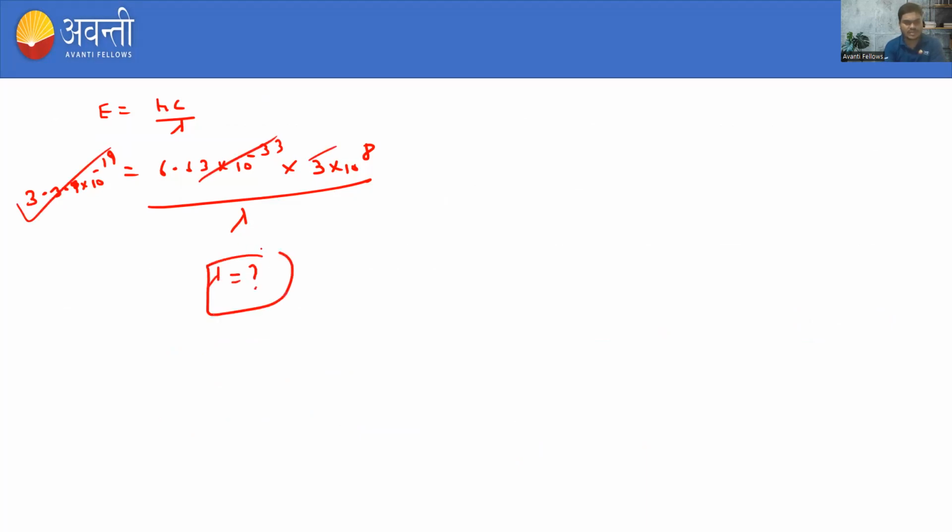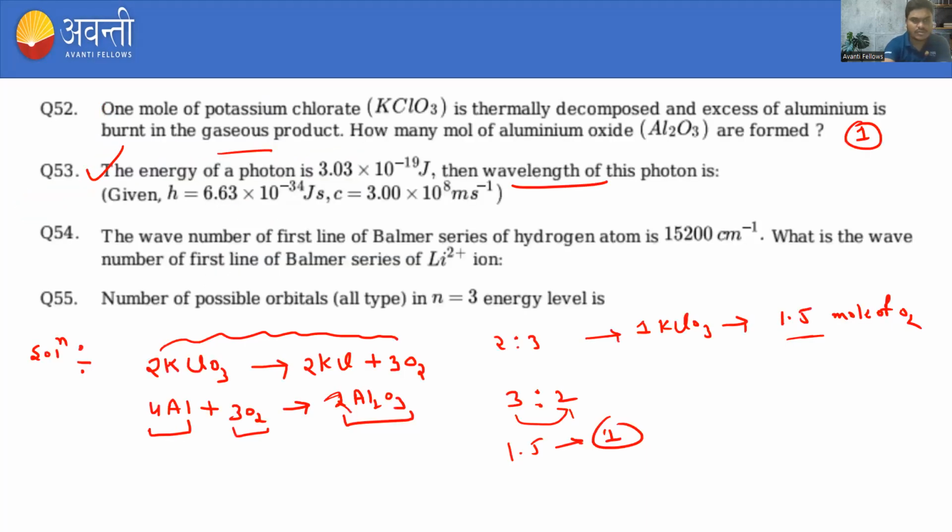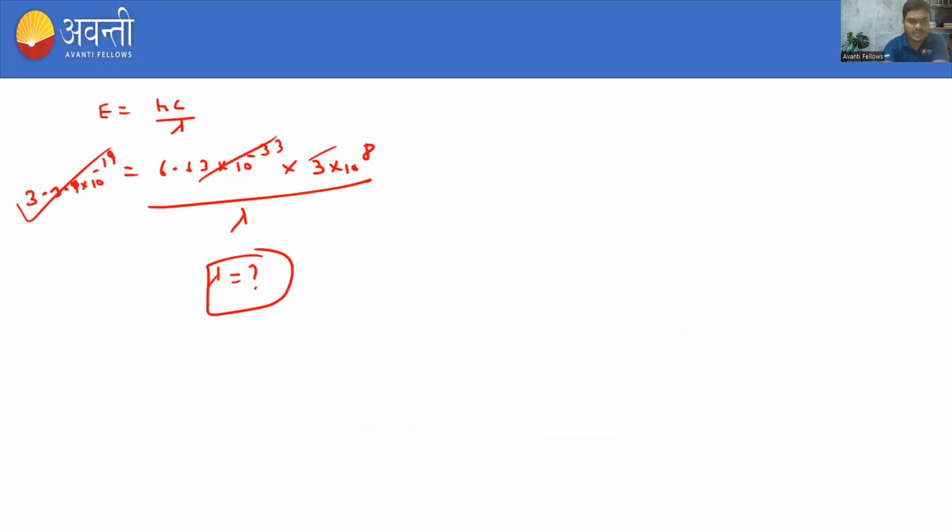I hope all of you easily do this question. So what is the correct answer? On solving, you'll get the correct answer. That is 656, right? That is 656 meter. Okay, so 656 meter is the correct answer for lambda.